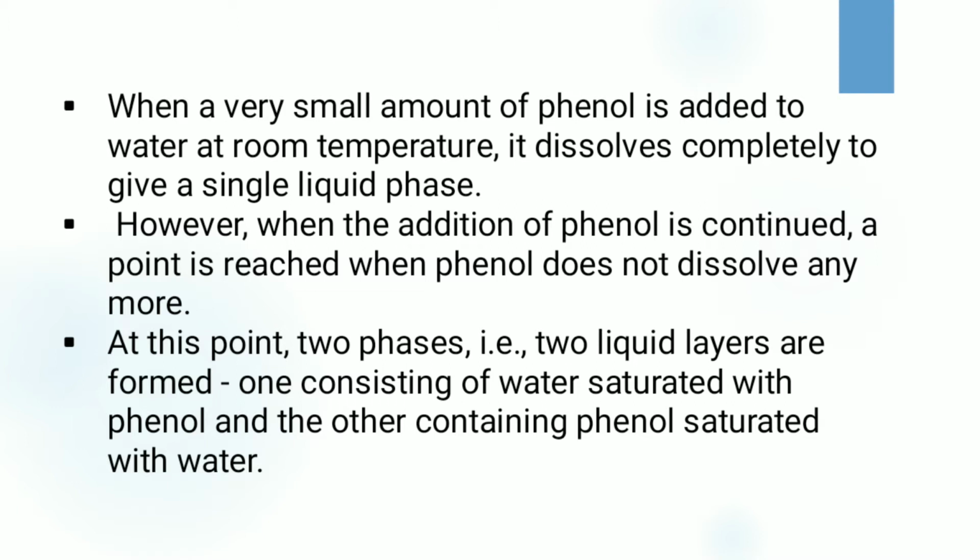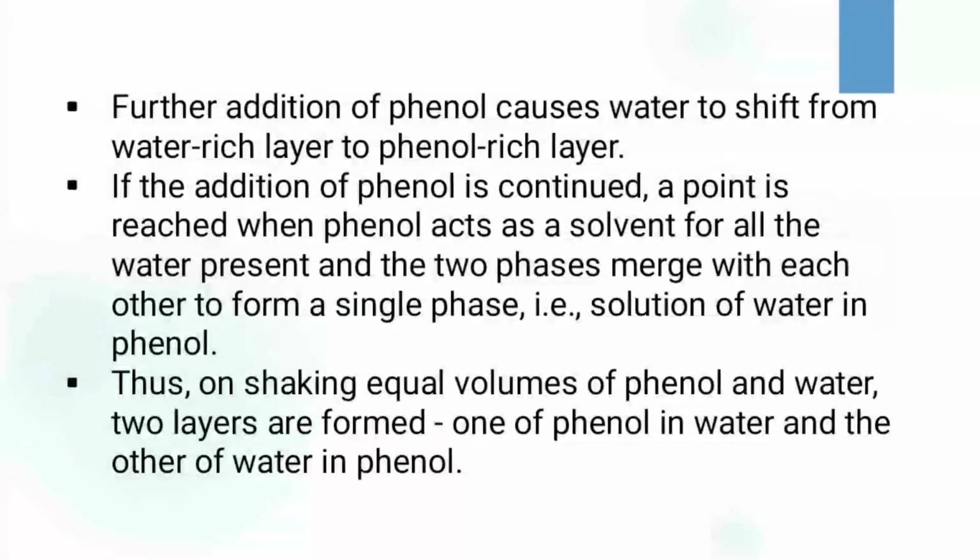So let's begin with the example. When a small amount of phenol is added to water at room temperature, it dissolves completely to give a single liquid phase. However, when the addition of phenol is continued, a point is reached when phenol does not dissolve anymore. At this point, two phases exist, right? That is, two liquid layers are formed, one consisting of water saturated with phenol and the other consisting of phenol saturated with water. Then, further addition of phenol causes water to shift from the water rich layer to the phenol rich layer.